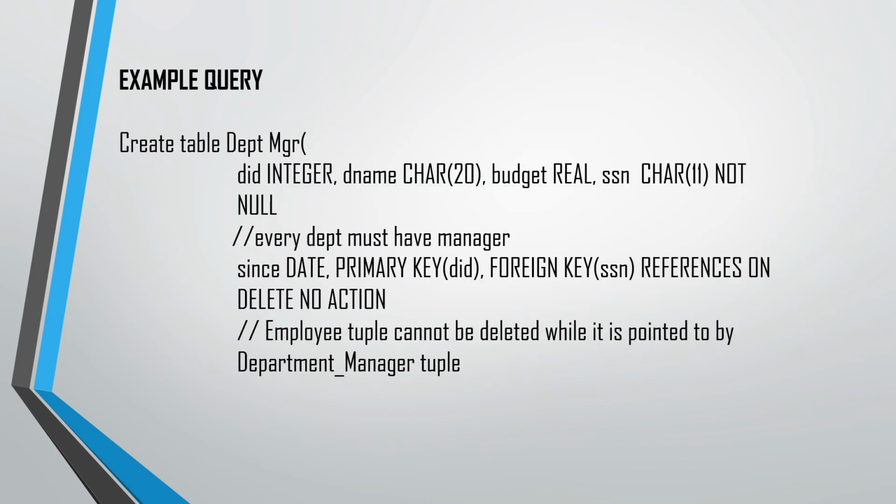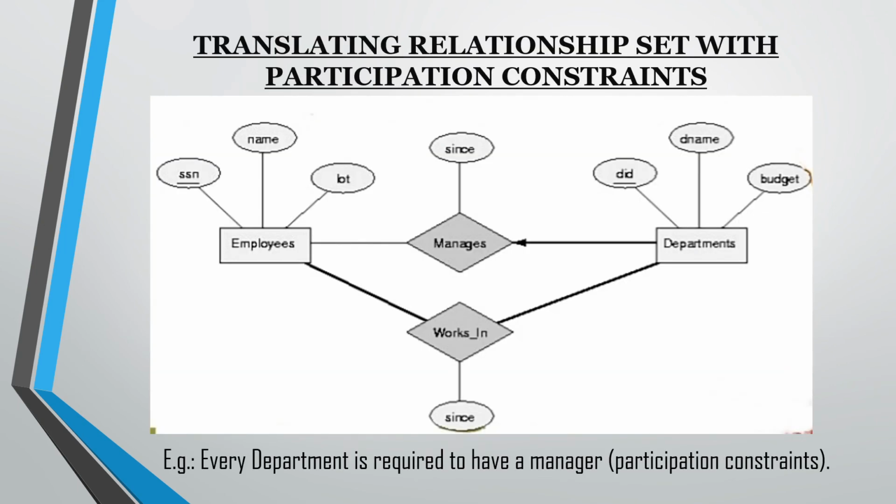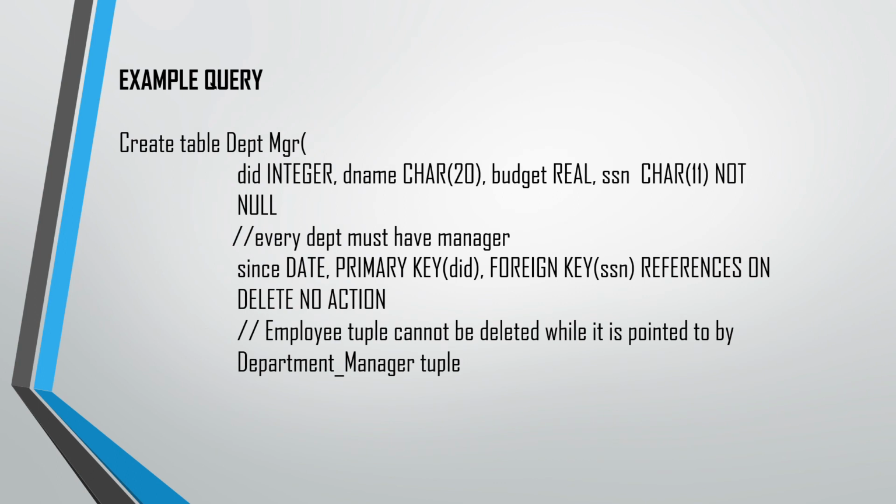So here is the example query. Create table dept_mgr with DID, DNAME, budget, and SSN. SSN is not null because it is the primary key in the entity employee, but actually here it is a foreign key.